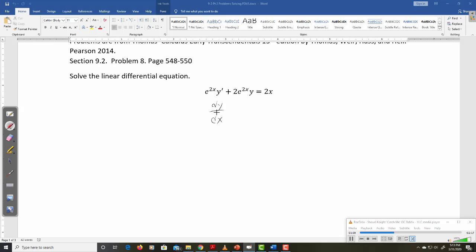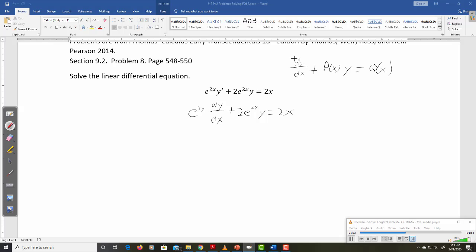Now note, this is not quite in linear form yet, because we have e to the 2x multiplied by the dy dx. There's not supposed to be anything multiplied by the dy dx. Remember, it's supposed to be dy dx plus p of x times y equals q of x.